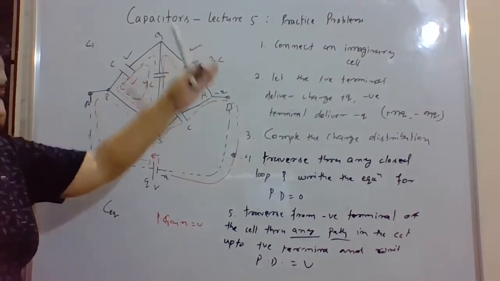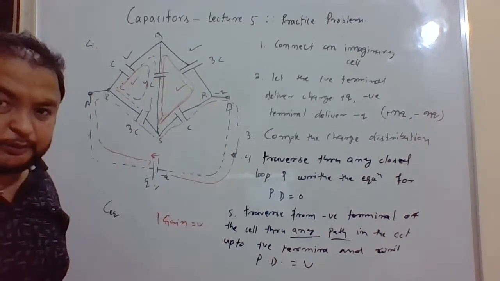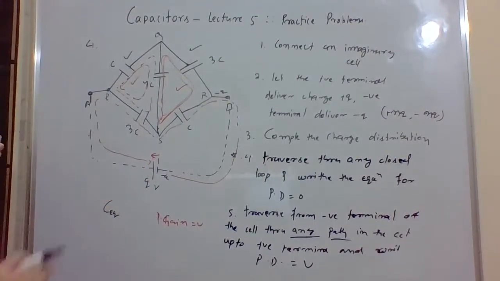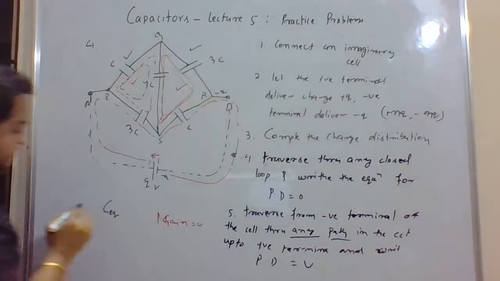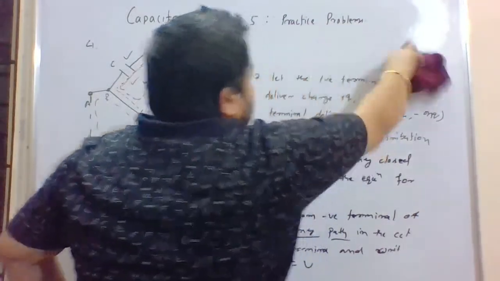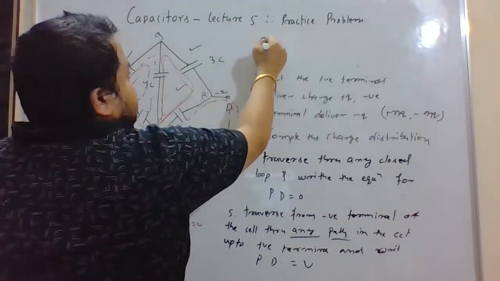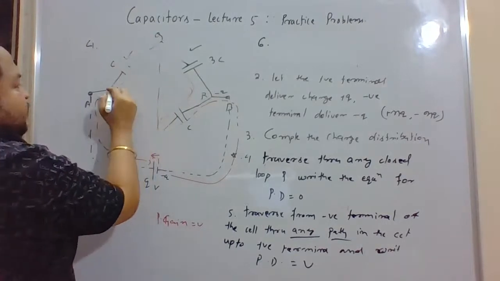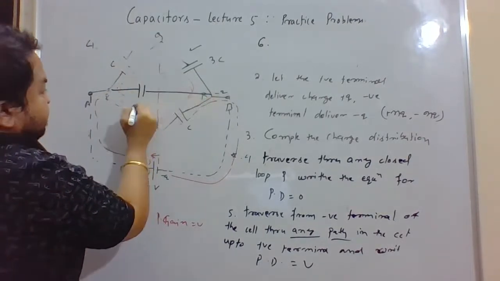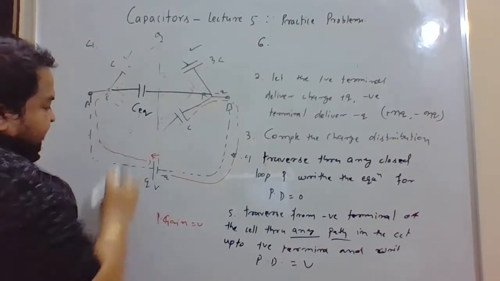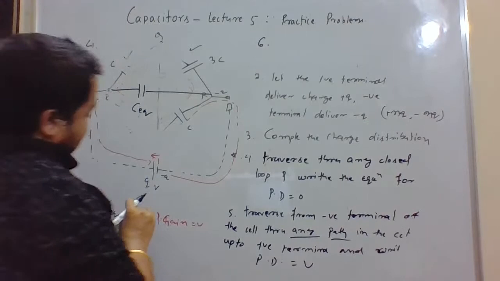So by using these 5 steps, we will solve the problem. And the last thing that we will do is step number 6. Let me write step number 6 here. I hope you have already noted down the other points. Now imagine the entire thing as C equivalent.